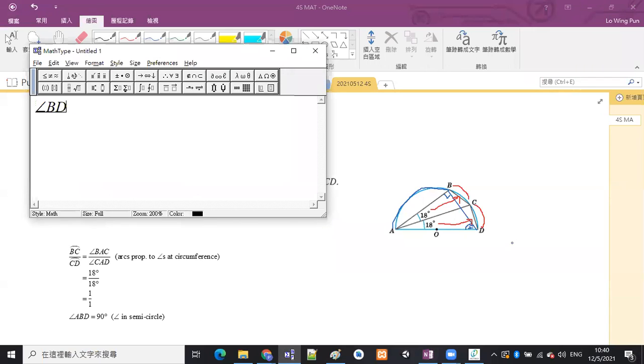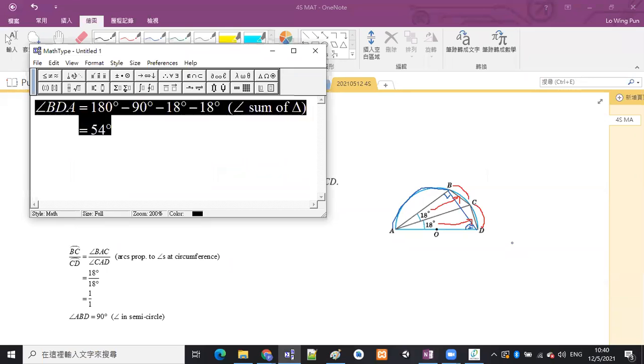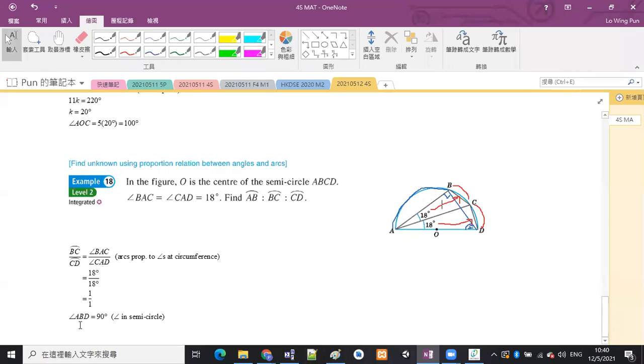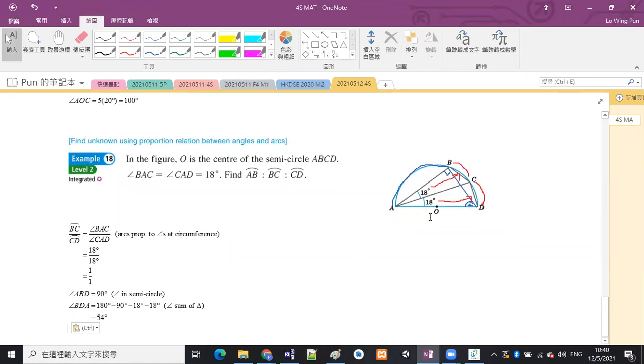So angle BDA is equal to 180 degrees minus 90 degrees minus 18 degrees minus 18 degrees. This is angle sum of triangle. Okay, and then it should be equal to 54 degrees. So this blue angle is equal to 54 degrees.